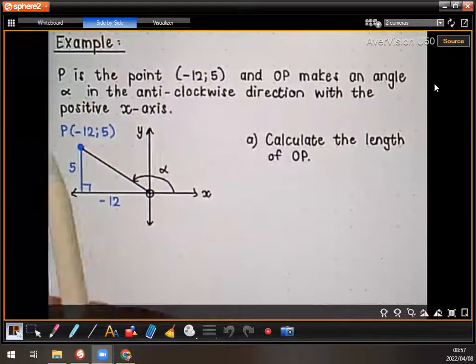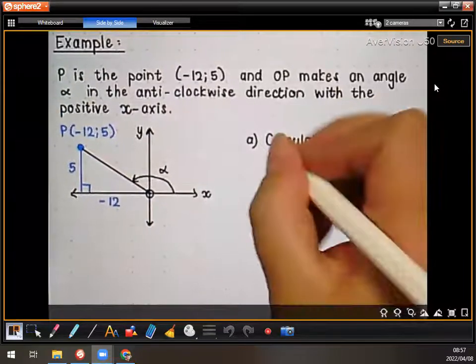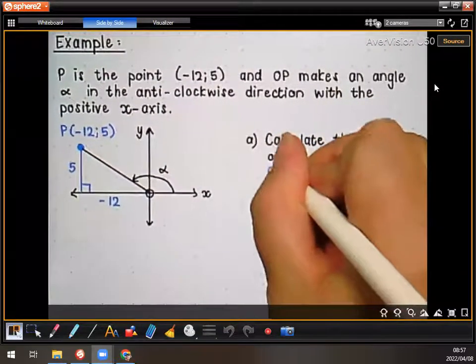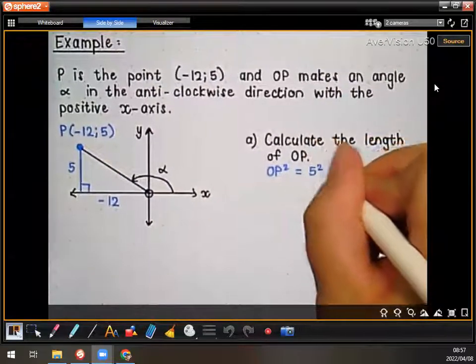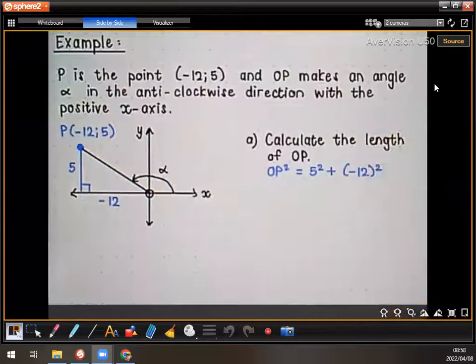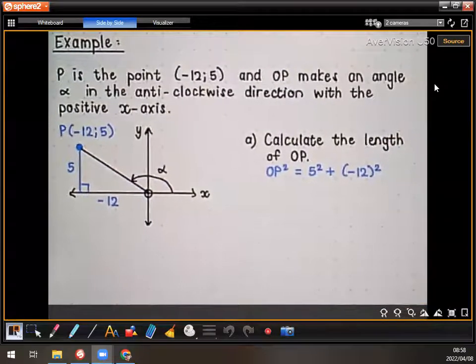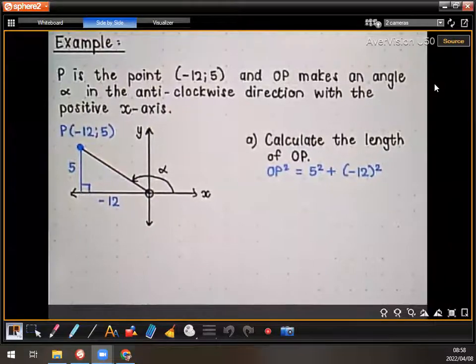Now, if we are working with these two sides, we can find the third side using Pythagoras. So OP squared is equal to 5 squared plus negative 12 squared. Or guys, if you want to, you can just use 12 squared as well. You don't have to say negative 12. Yes, it's a Pythagoras triple.